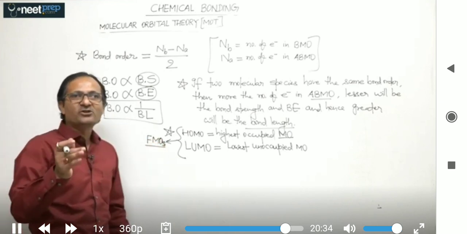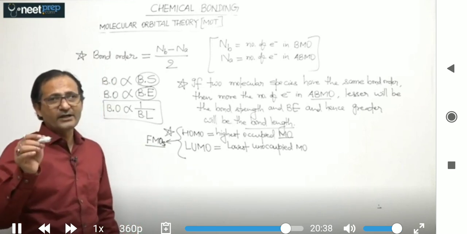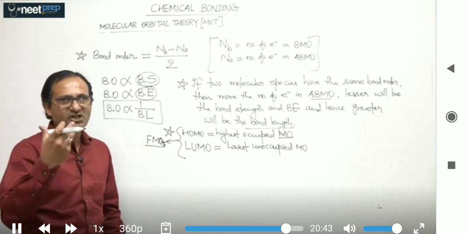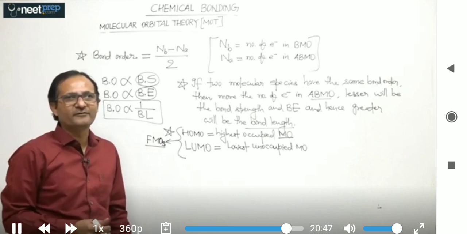As in the case of an atom, the electronic structure by atomic orbitals, the valence shell electronic configuration decides the properties of the element.